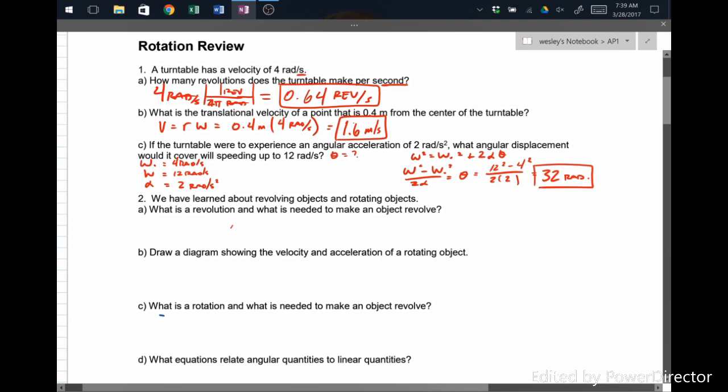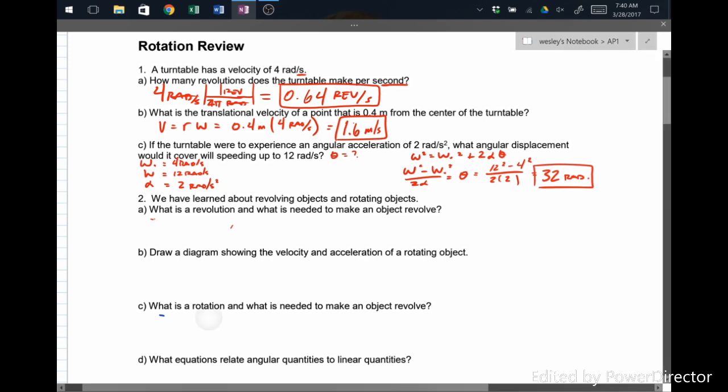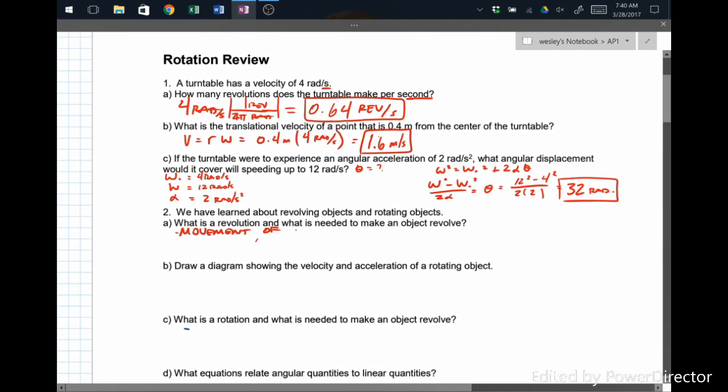The next set of questions want to know what's a revolution and what's needed to make an object revolve. So a revolution is the movement of an object around another object.